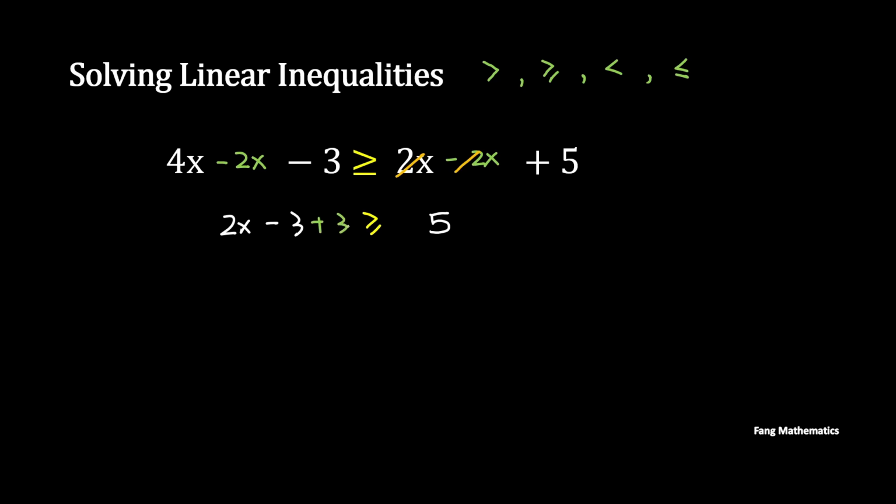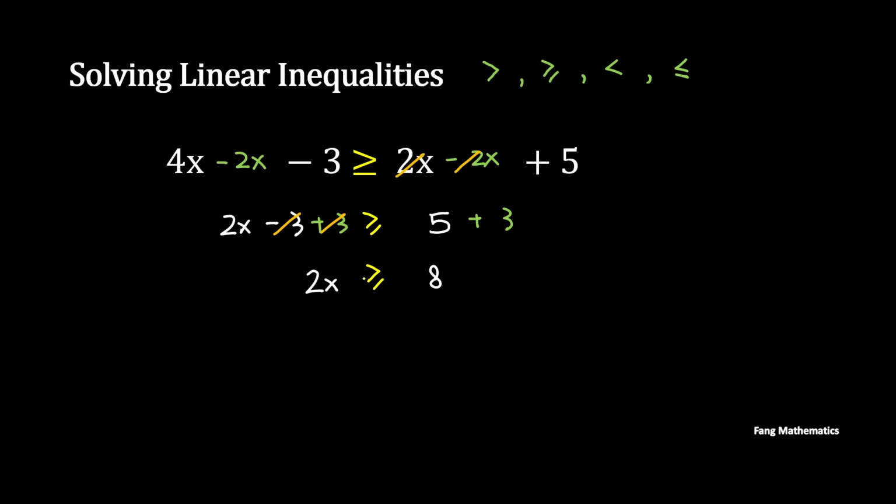So on the left-hand side, minus 3 and plus 3 gets eliminated, leaving you the 2x. On the right-hand side, 5 plus 3 gives you 8. And the inequality remain unchanged.